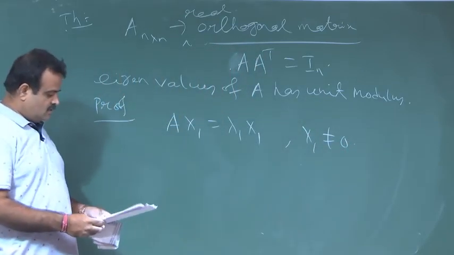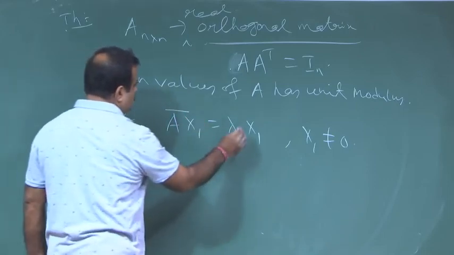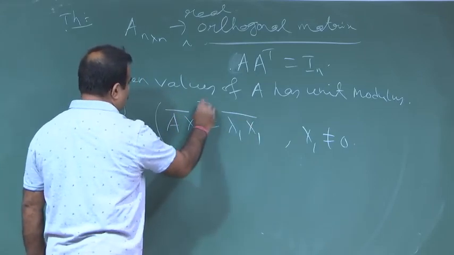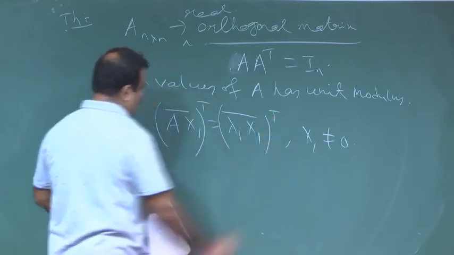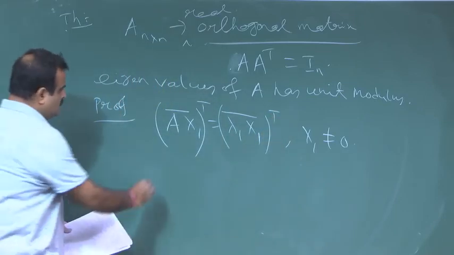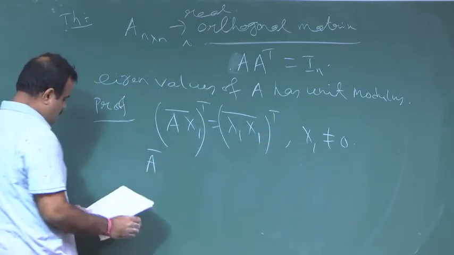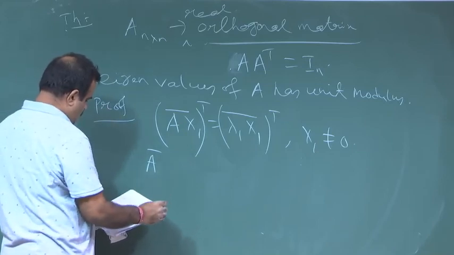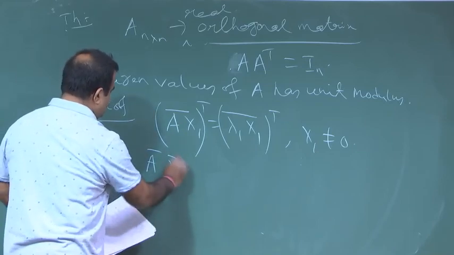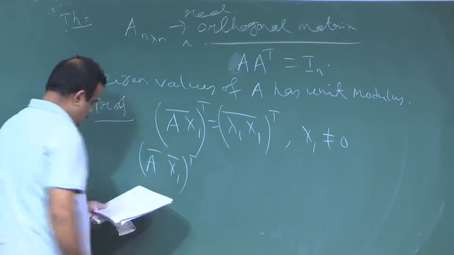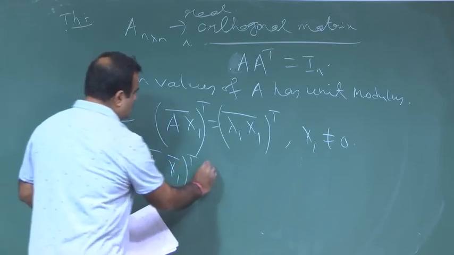So, what we do? We take the conjugate of this and then we take the transpose. Then this is nothing but x 1 bar transpose A bar transpose.